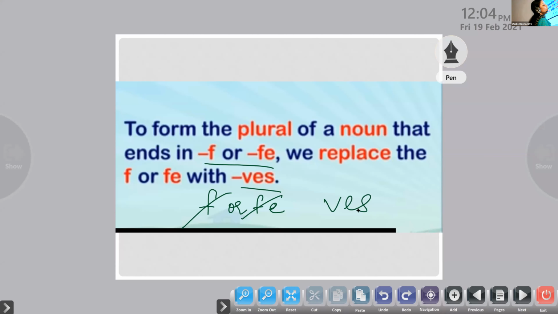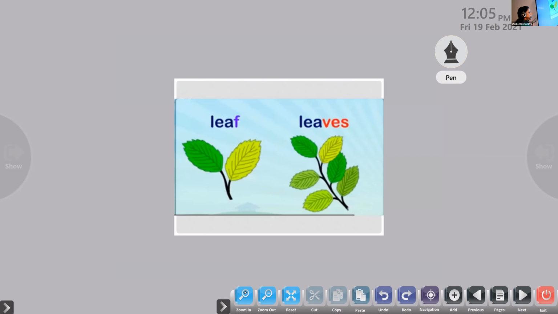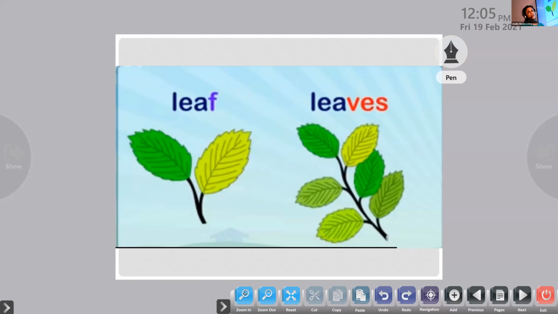For example, wife, wives, leaf, leaves. Leaf, leaves. This ends in F. So what we have to do, change F into VES.